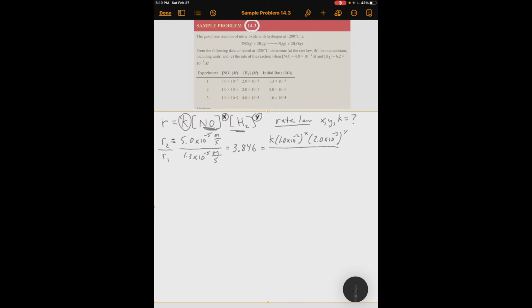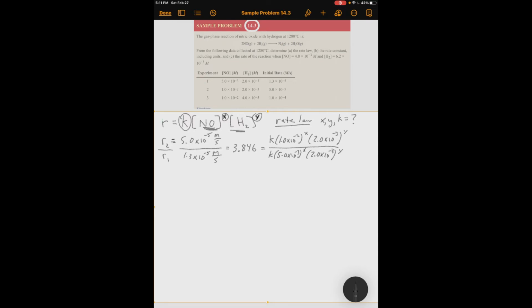And then I'm going to do experiment 1, right? So experiment 1 is K times 5.0 times 10 to the minus 3 to the x, times 2.0 times 10 to the minus 3 to the y. So what I'm doing is saying every experiment has the same rate law. It's going to be the same.